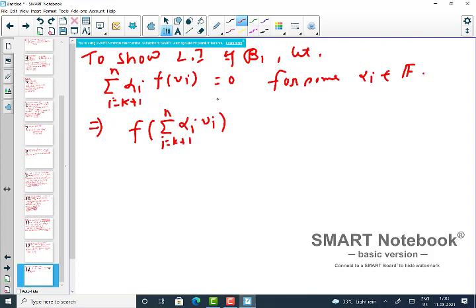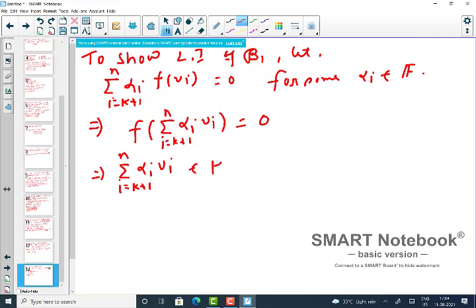This is the property of linear maps. F is linear, right? Now f of something is 0. What does that mean? That means this vector is an element of the kernel. So this summation of alpha_i v_i, i equal to k plus 1 to n, belongs to the kernel of f.